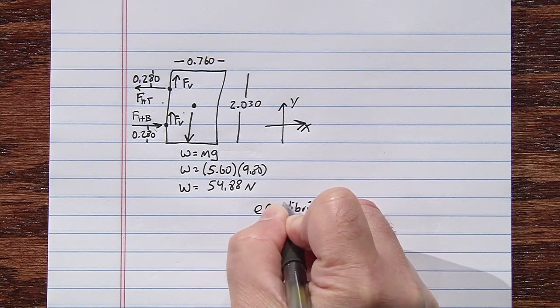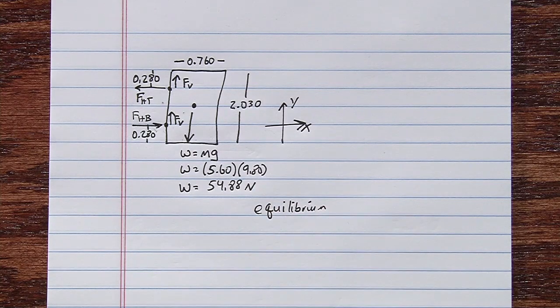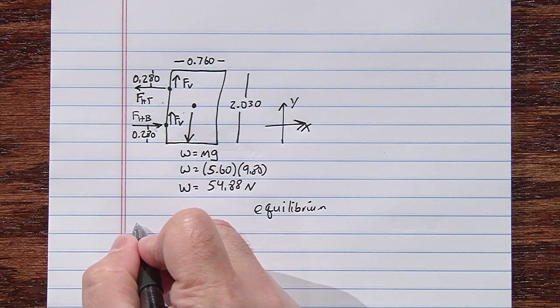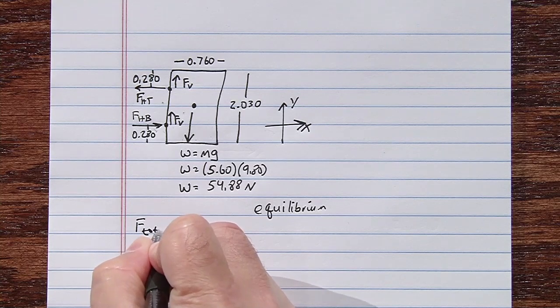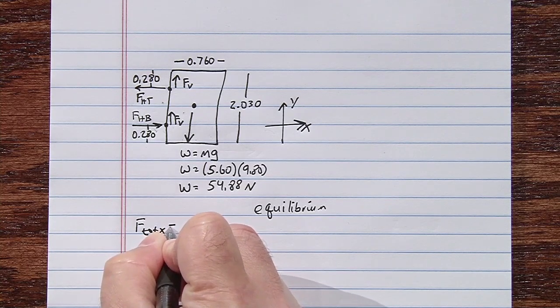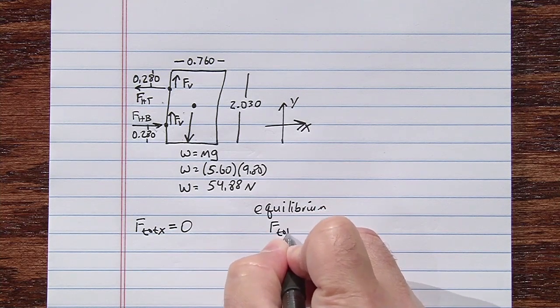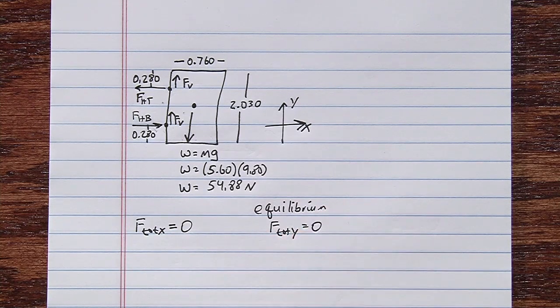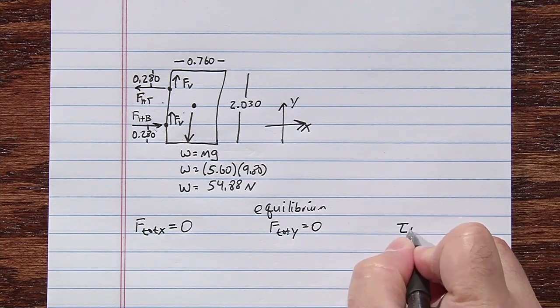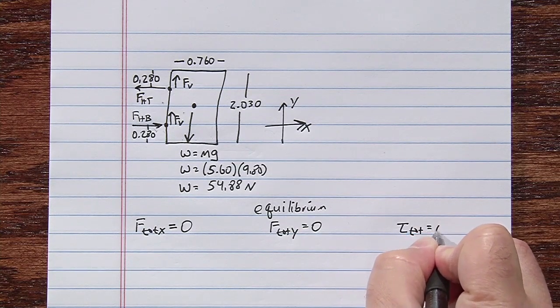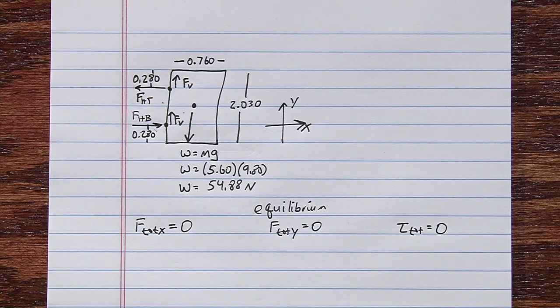And since the door is in equilibrium, it's at rest and it remains at rest, and it's not rotating, and it stays not rotating, then our equations are force total X is equal to 0, force total Y is equal to 0, and torque total is equal to 0. Let's go through these one at a time.